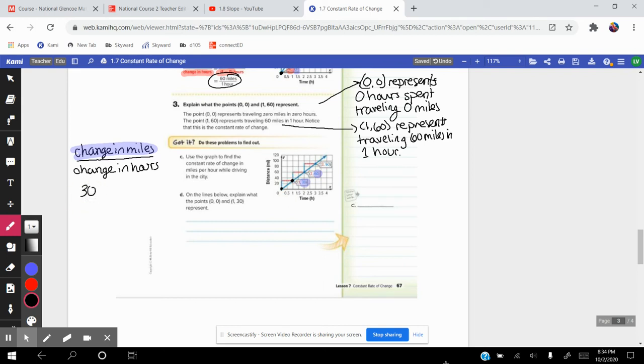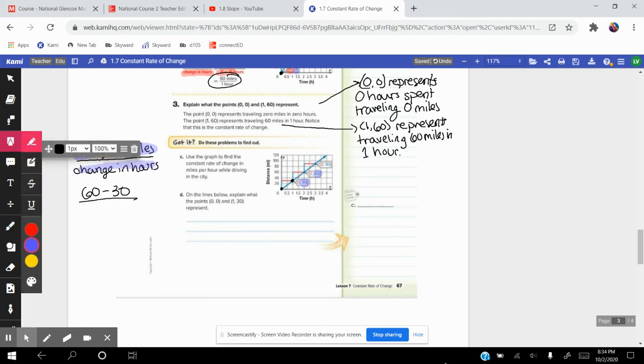So 60 minus 30, divided by, now we have to find the change in hours, which is referring to the 2 and the 1.